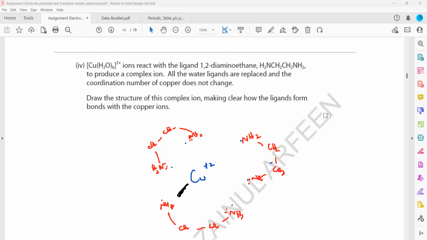But not all are in the same plane. Even for one, this is in the same plane, and this one is in the same plane, one is out of the plane. You can represent it in this manner, because you have to show that the octahedral geometry is there. That's how we represent it.